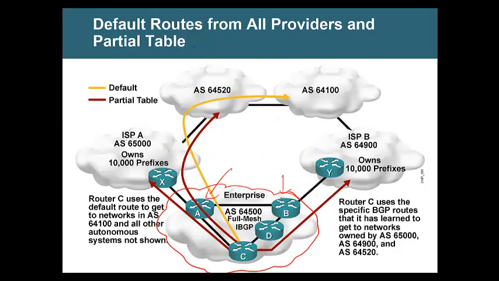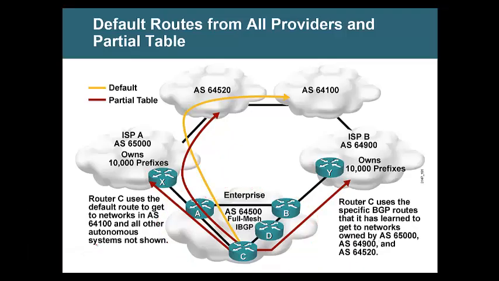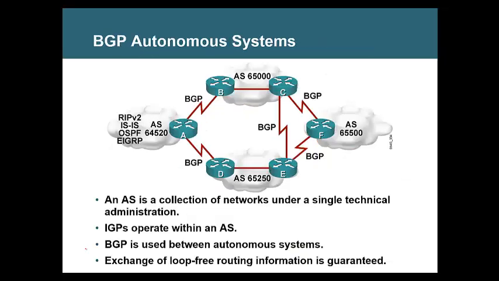The second option is learning a few well-known destination routes and a default route for the others. The third option is learning the whole routing table. Are you comfortable so far?